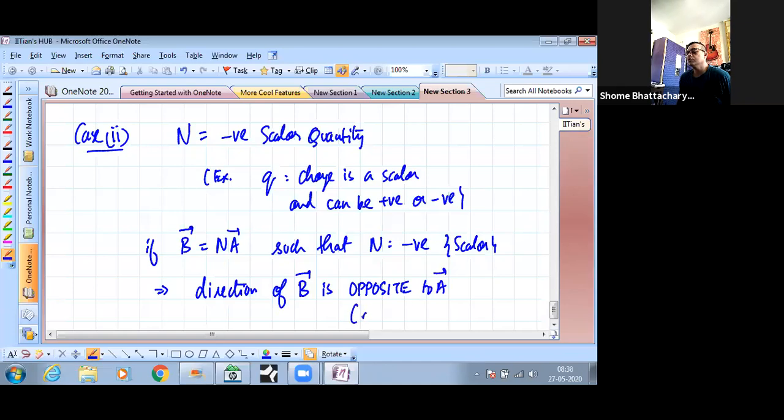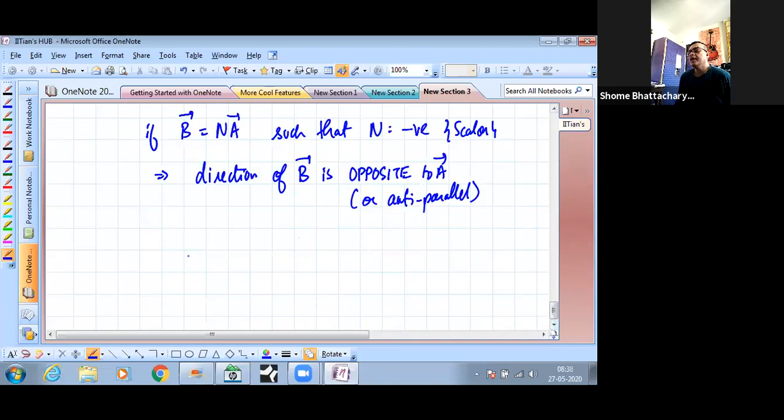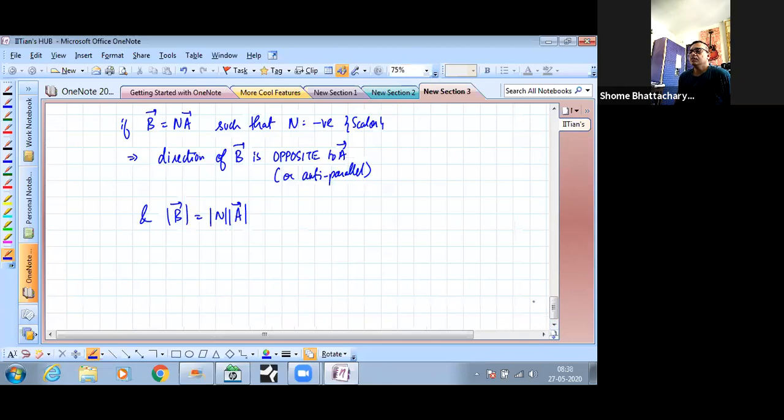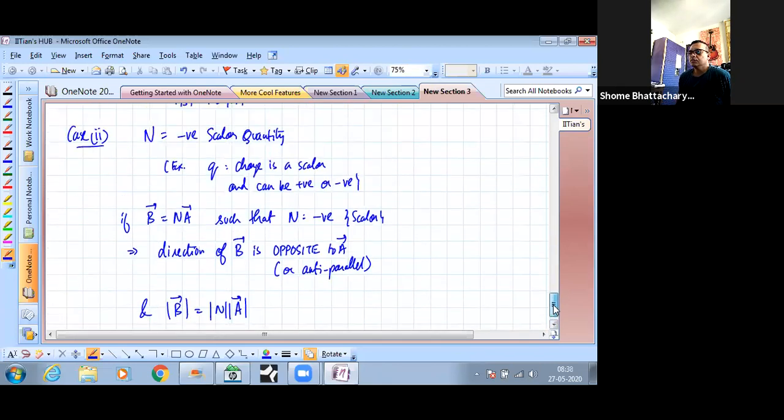So opposite is also referred to as anti-parallel. So that's about the direction. And the magnitude of b becomes, now because n is a negative number, so we have to put the mod of n also with the magnitude of a, mod n times mod a. So just note down the second case, then we'll understand with a couple of examples.